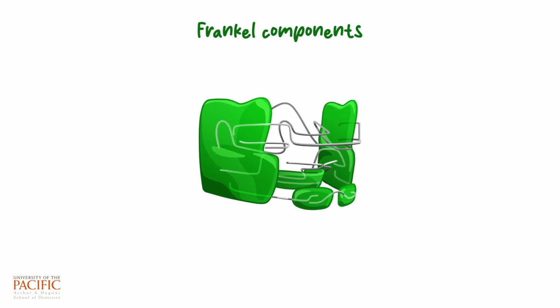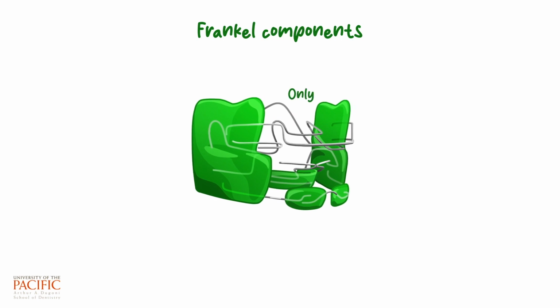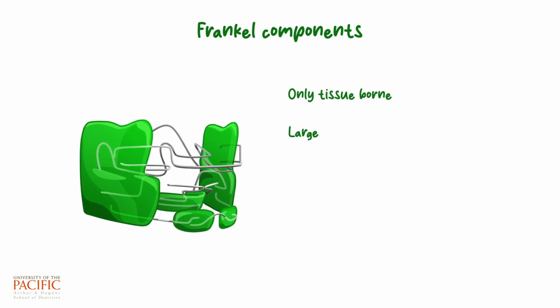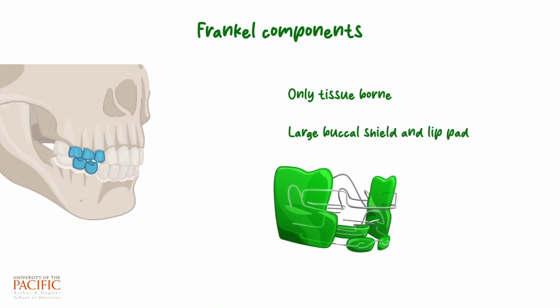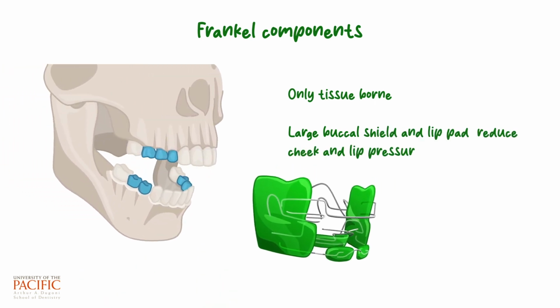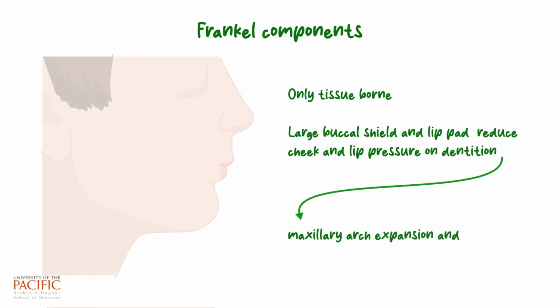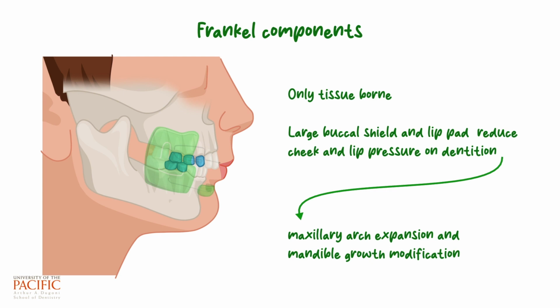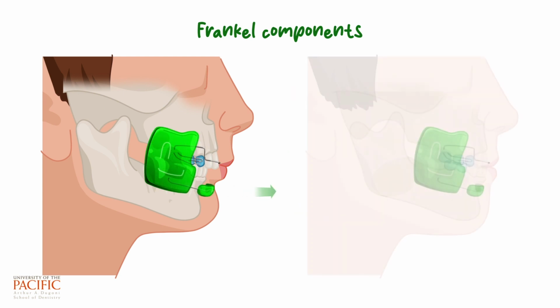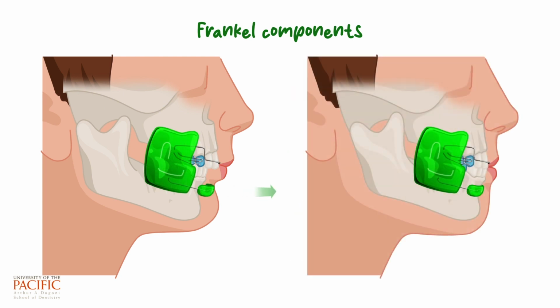The Frankel appliance is also a removable functional appliance that is tissue-borne. It consists of a large buccal shield and lip pads which reduce cheek and lip pressure on the dentition. The Frankel appliance facilitates maxillary arch expansion and mandibular growth modification.